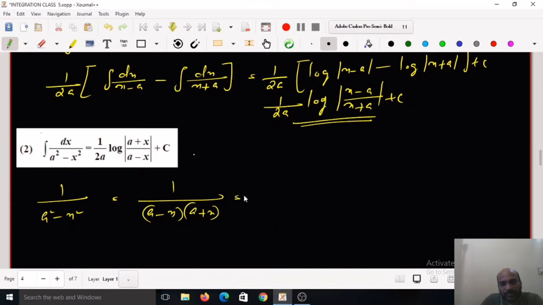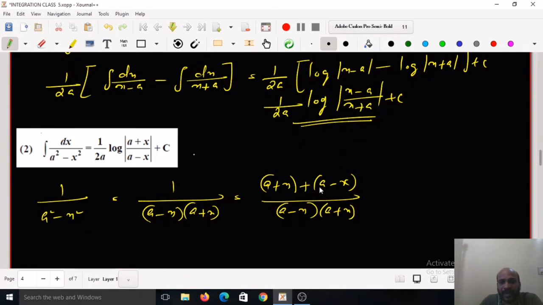Okay. We have to split into two functions. So how we can split into two functions? a plus x, plus a minus x, by a minus x into a plus x.